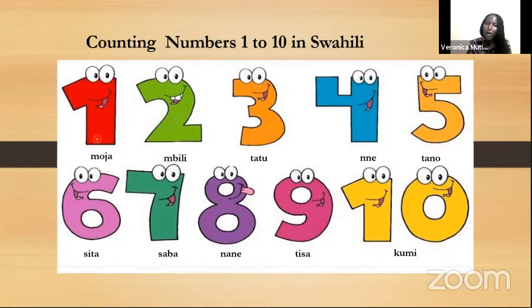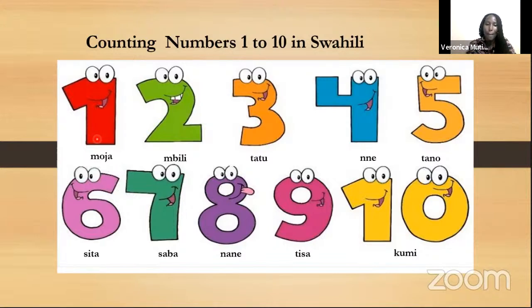We start all over. And now this time round, try to memorize. I'll hide it all after this so that we can memorize it. Okay, so moja mbili tatu. Nne, tano, sita.